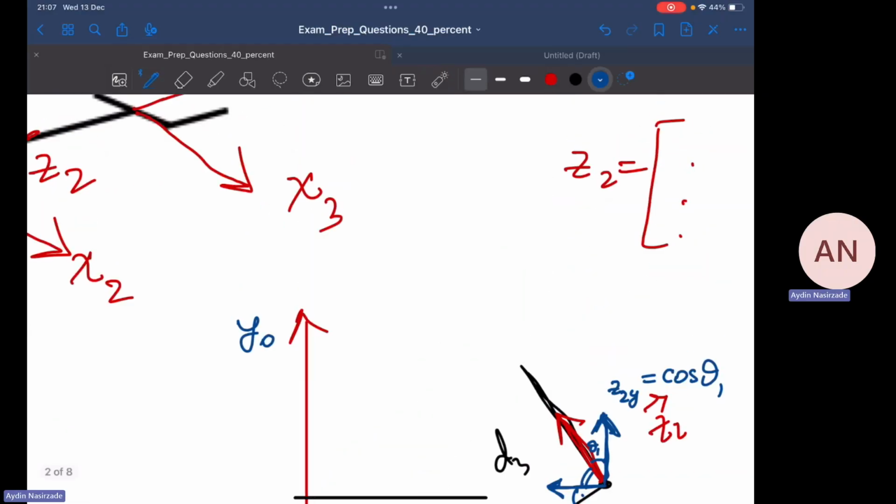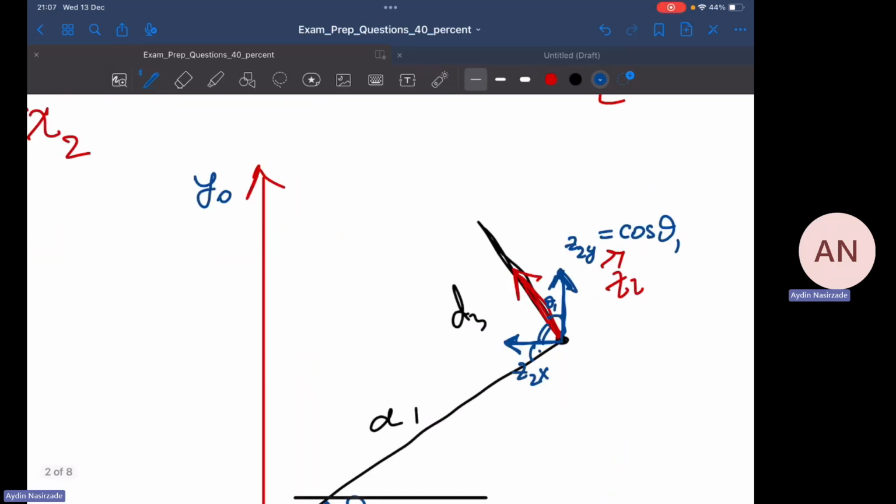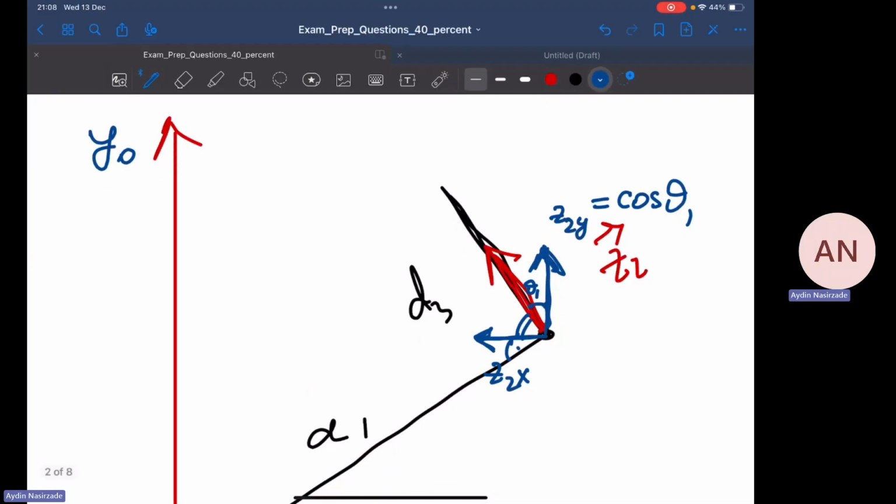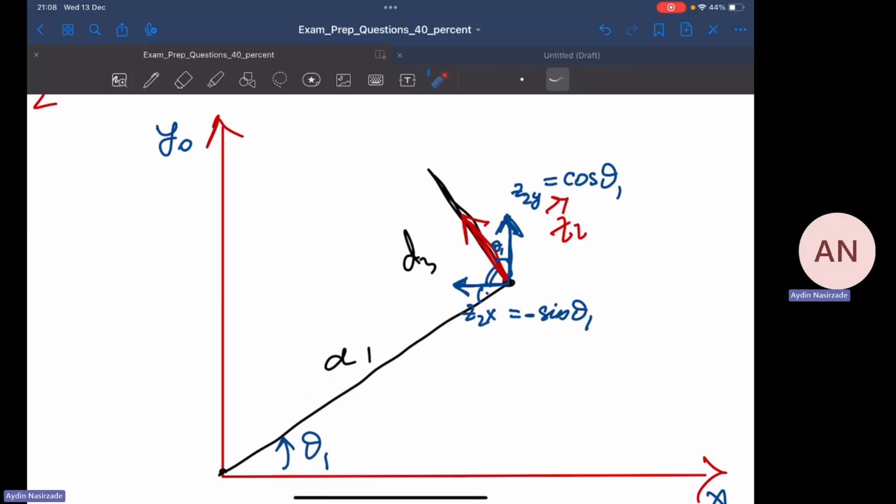So, cosine of theta 1. Good. Now, what about Z2x, the projection along x0? This one. Isn't it the other side of the same triangle? Yes. So it's going to be sine of theta 1, but with a minus sign, because the direction of Z2x is opposite to that of x0.